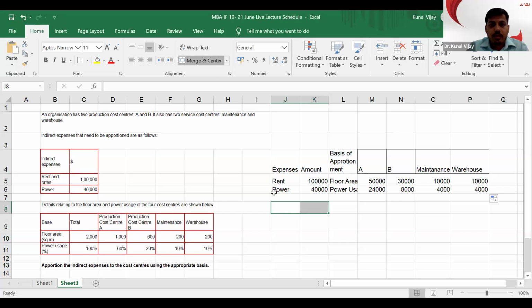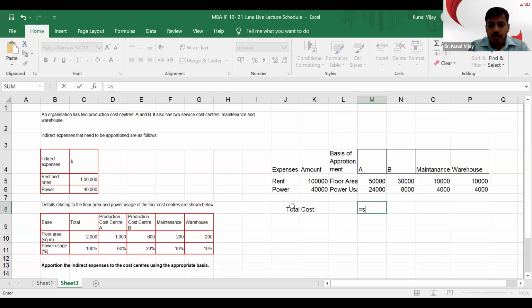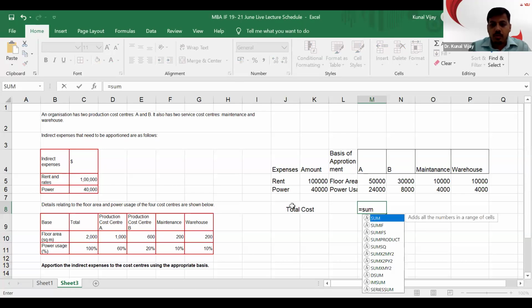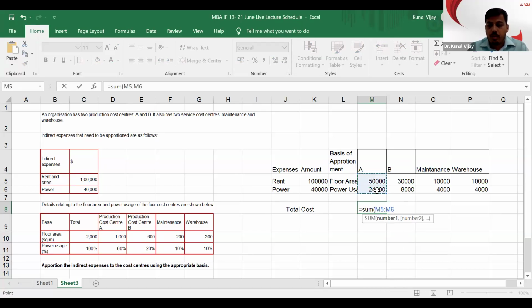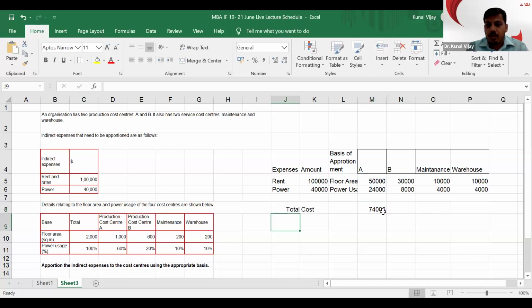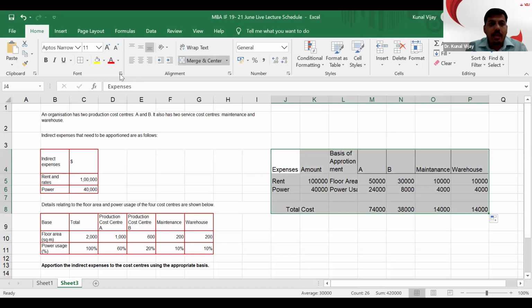After that, I will calculate the total cost, which will be the sum of both the amounts. 74,000. I will drag it down, and I will calculate the total cost of all the cost centers. So this is how I can easily calculate my cost.